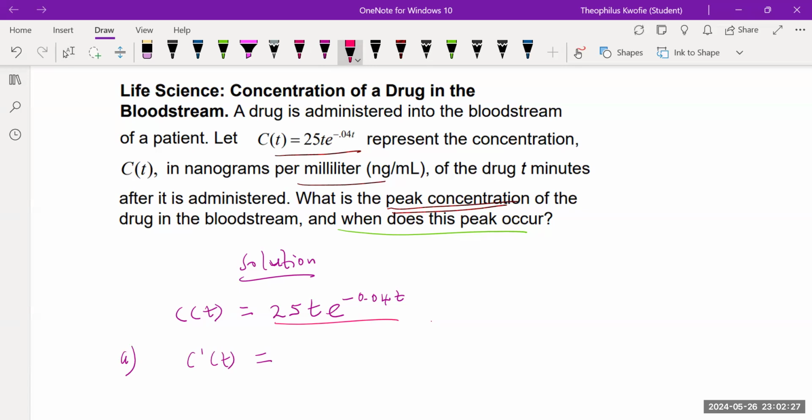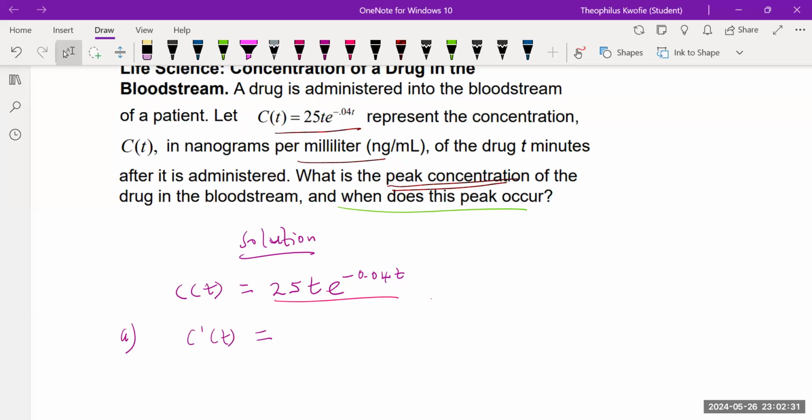Is that okay? So the first thing to do, let's cover the first function. By covering it, we are going to differentiate the other. So we're going to have 25t, then we differentiate e to the power minus 0.04t.